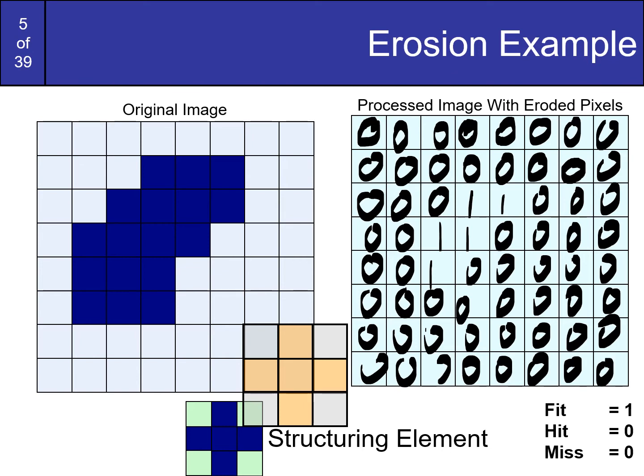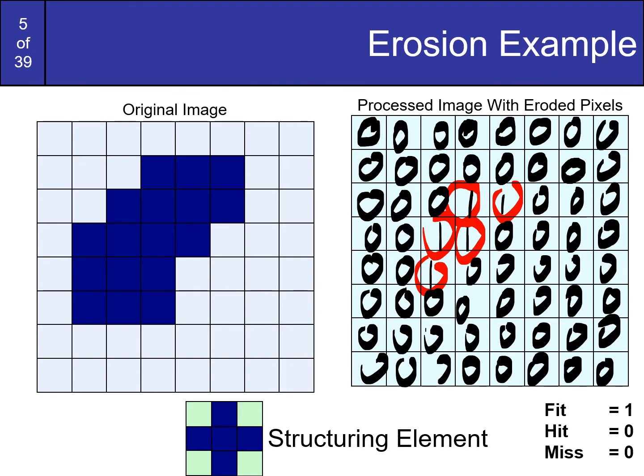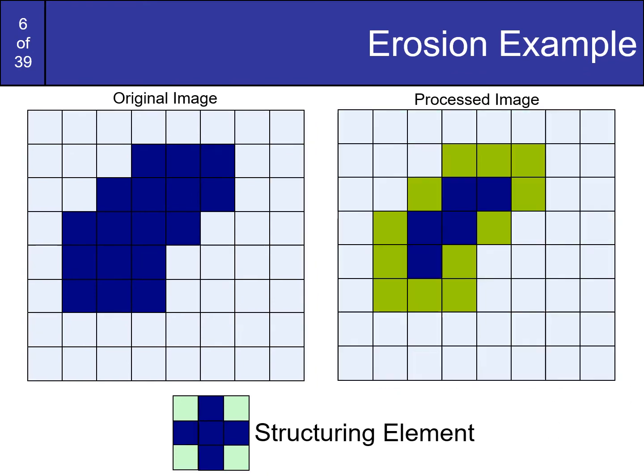So we have only 1, 2, 3, 4, 5 object pixels, or on pixels, or pixels with number 1 in the processed image. When we transform these into dark pixels, we have 1, 2, 3, 4, 5.